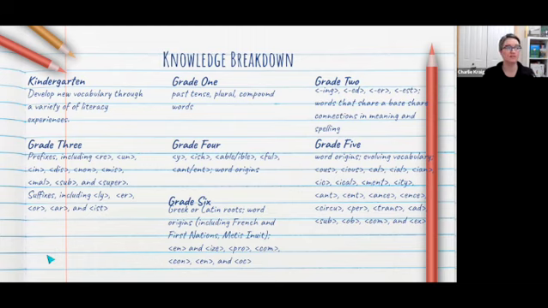Kindergarten does not talk about morphology in particular, but it does talk about building vocabulary through a variety of literacy experiences. So word sorts, talking about how words are built, and looking for words that have an S or an ing ending would be examples of a literacy experience you could have with kindergarten students to help grow their vocabulary.